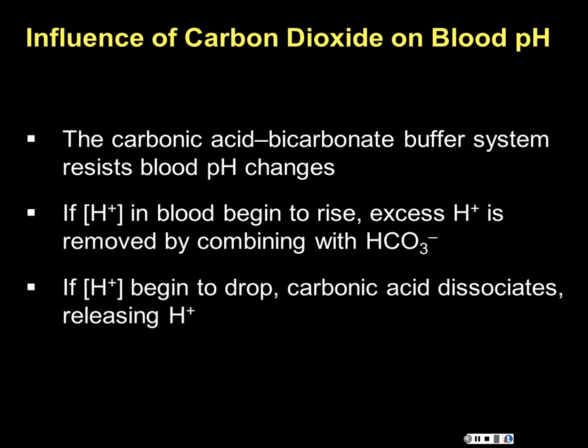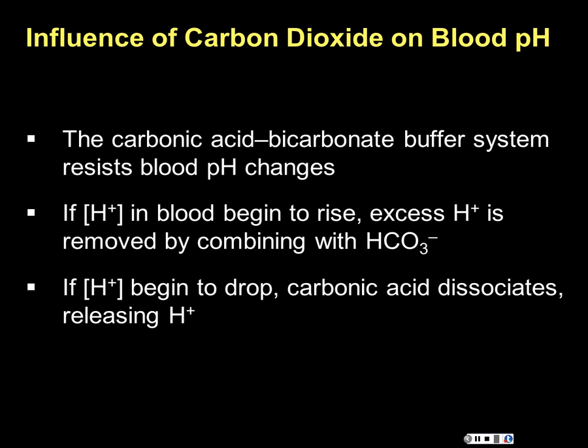And then conversely, if my blood pH becomes a little bit alkaline, so if my free hydrogen ions aren't readily available, carbonic acid can dissociate into hydrogen ion and bicarbonate ion. Okay, so it's just a nice, quick buffer system to make sure our blood is in set point range.